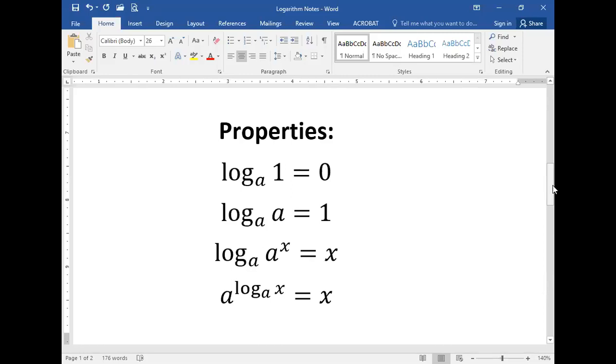Can someone explain to me why that first property exists? Because say like 2 to the 3 is 8, 2 to the 0, anything to the 0th power is 1. There we go. Because anything to the 0 power is 1. So if you're trying to take any base imaginable and raise it to some mystery power to get 1, 0.